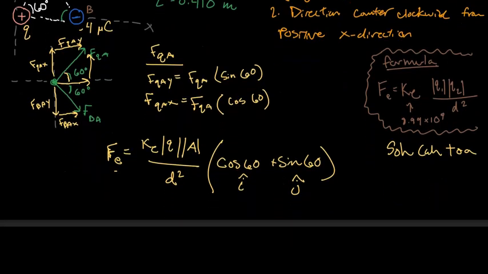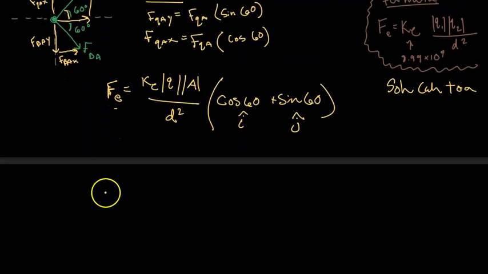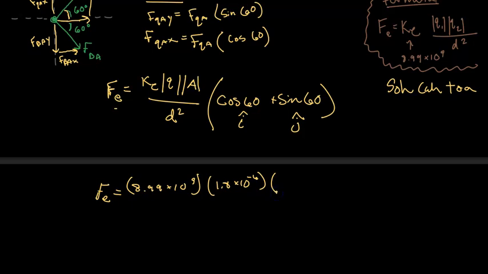Once we put in the numbers, we have 8.99 times 10 to the power of 9 times our Q, which was 1.8 microcoulombs, times 10 to the power of negative 6, and then our A, which was 7 microcoulombs.